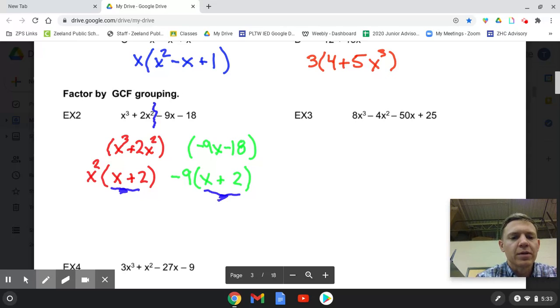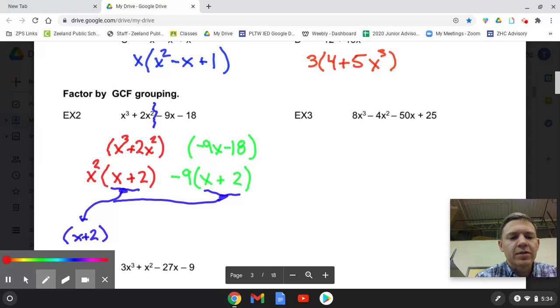So x plus 2, they both had that in common, gets pulled out, which leaves me with just an x squared and negative 9.